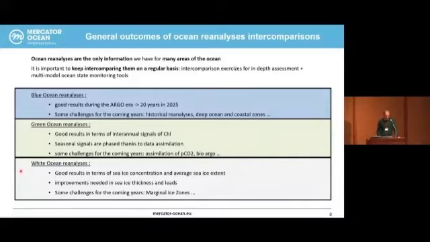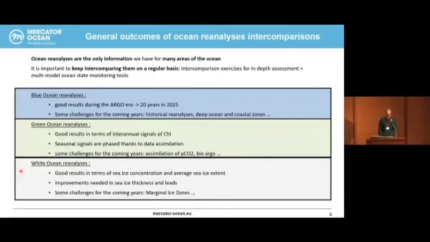Component by component, we also noticed that for the Argo period, it's easier for ocean analysis because there are many more in situ data compared to the previous years. We have good results also in terms of chlorophyll for the green ocean, but there is still some challenge in terms of data assimilation because there are few data.